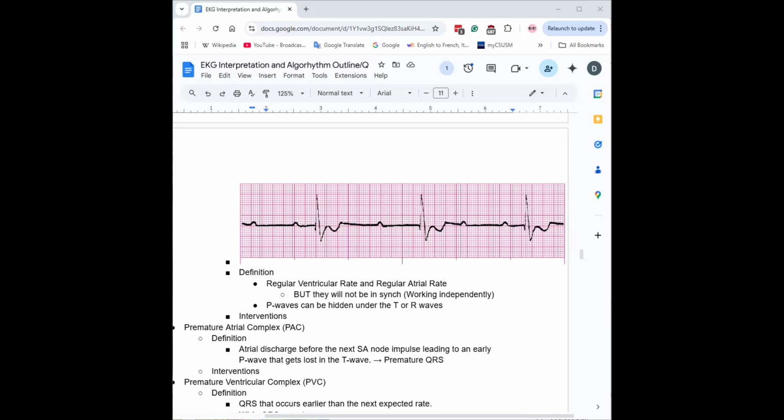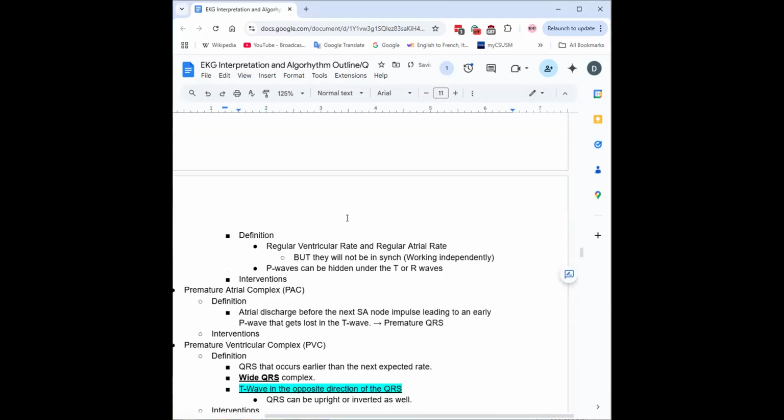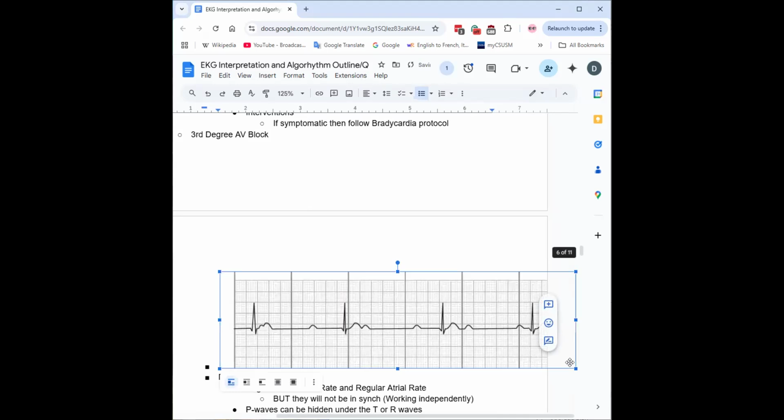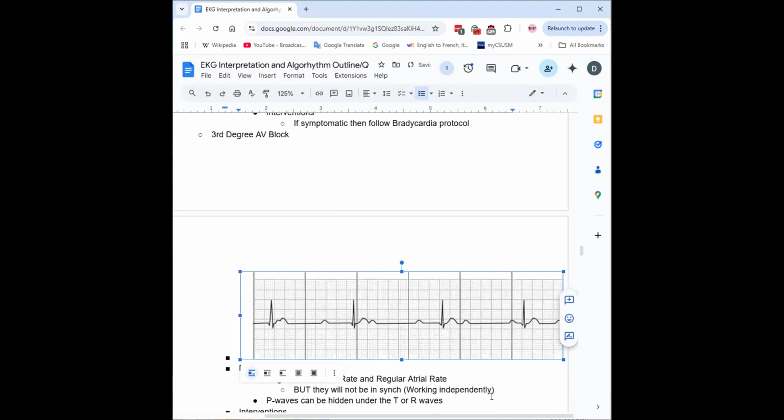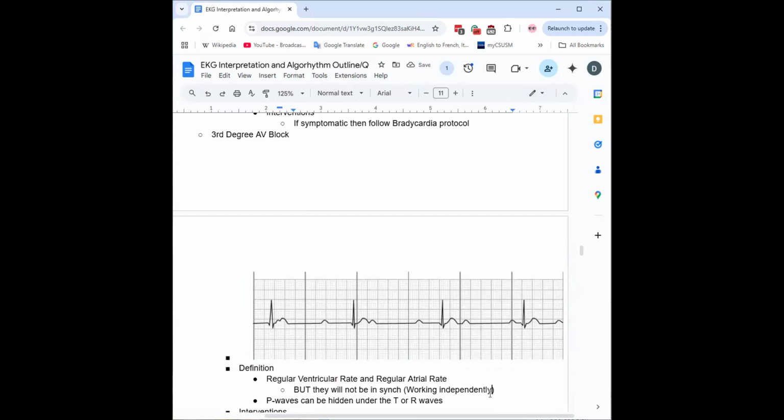So the R to R is consistent with itself. The P to P is consistent with itself. There's another one here. And of course, there are more rhythms than what you've seen so far, but this is what you get here.